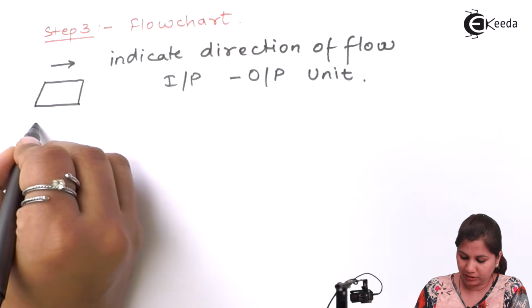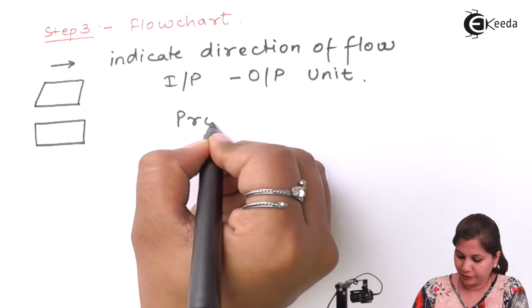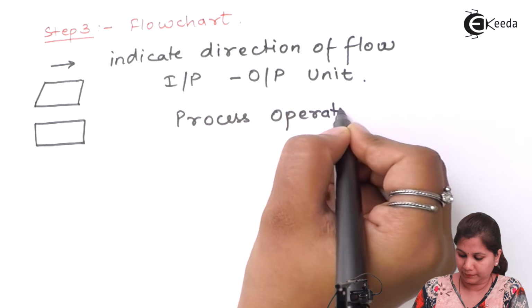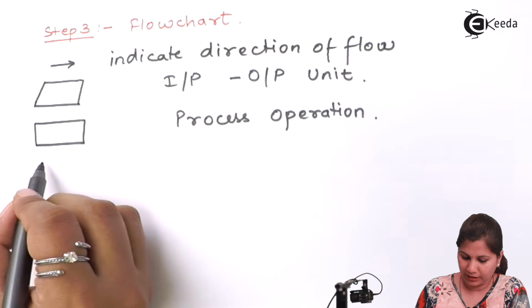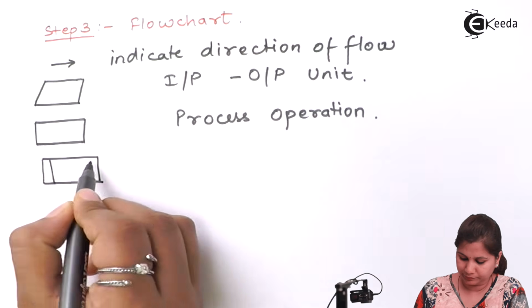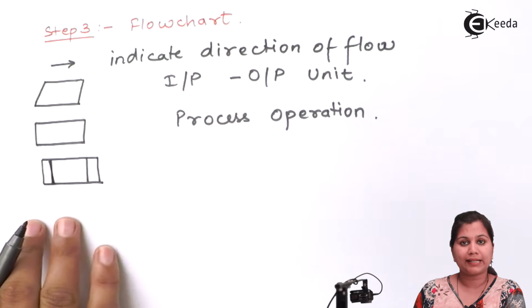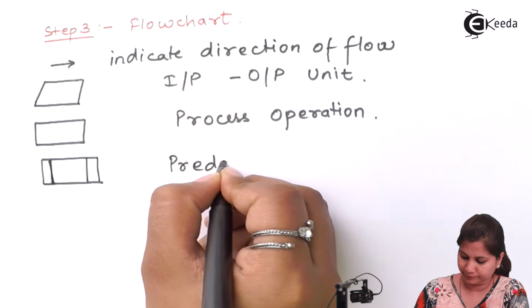Then you are having the rectangle. Rectangle is used to define the process operation. Okay. After that, you are having a double-sided rectangle. This double-sided rectangle defines the predefined process.